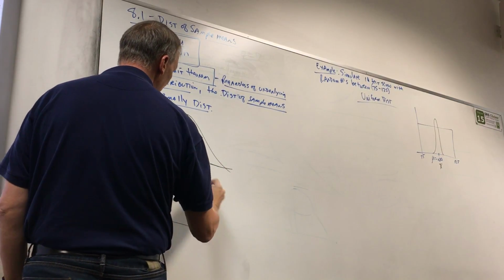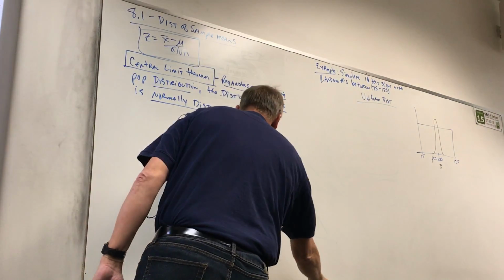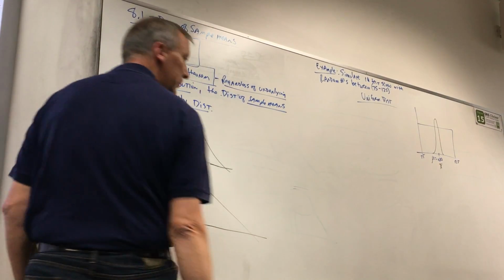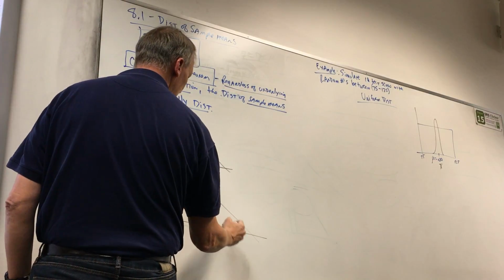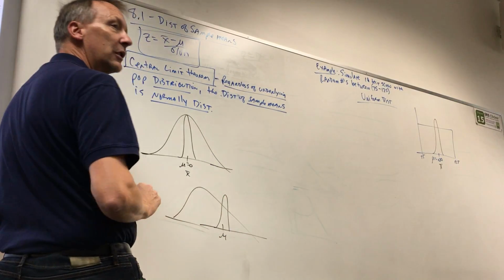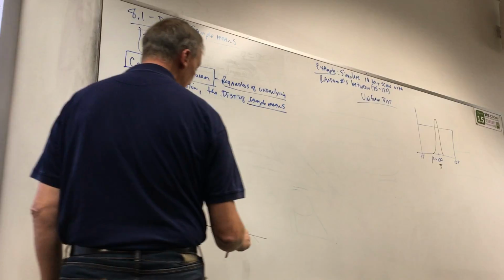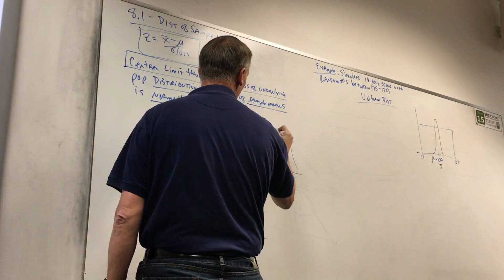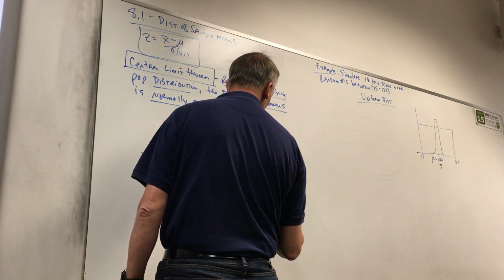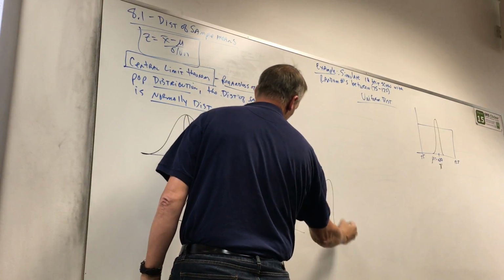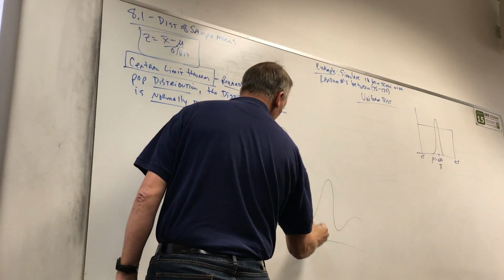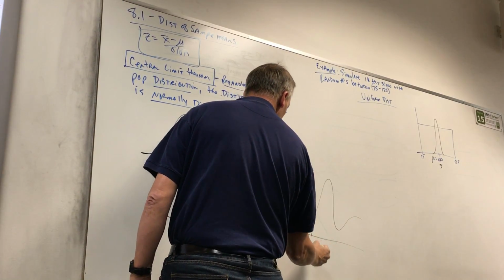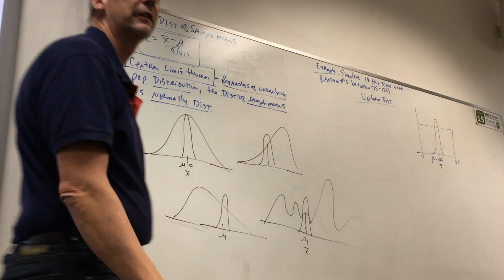Or if it was skewed to the right, let's say that was your mean, you would have a distribution of sample means that would be there, or if it was skewed to the left, or if it was crazy weird, something like that, maybe the mean would be here, you would have a sampling distribution of x bar that would be there.